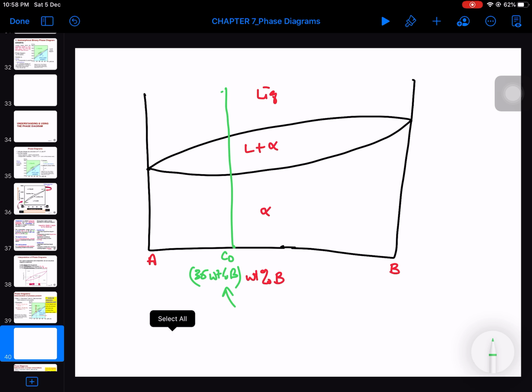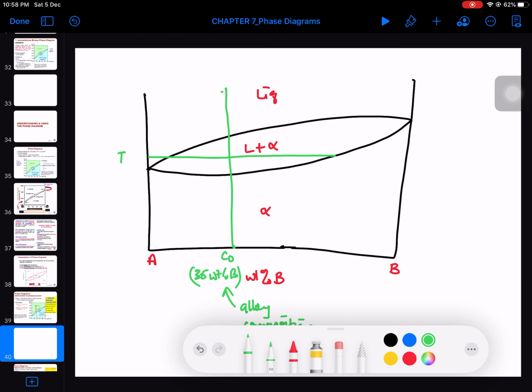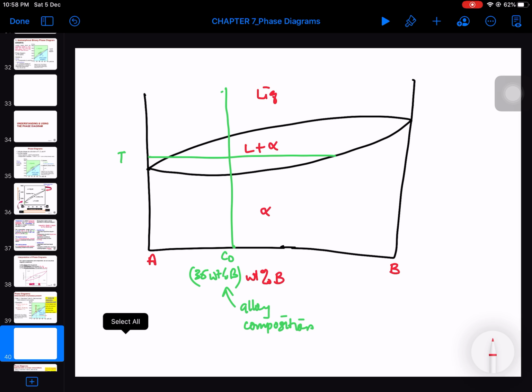Then we need the temperature. Let's say the temperature is here, so we draw a horizontal line. This line of temperature will intercept your composition vertical line. Here the point of intersection is the phase present.